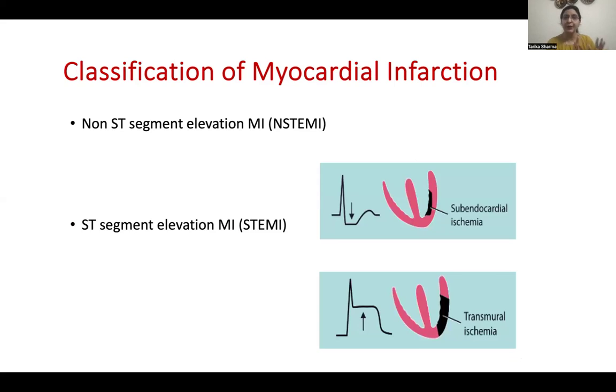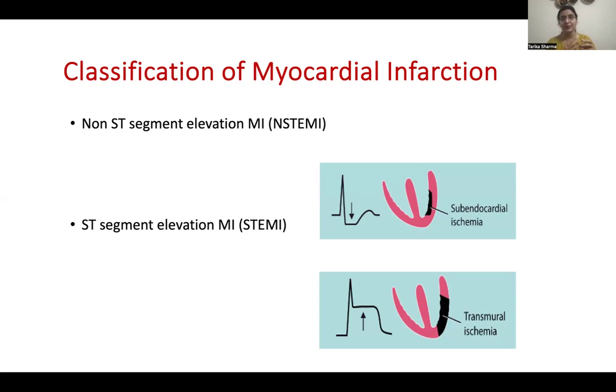When we talk about myocardial infarction, we can have broadly two types, that is STEMI and NSTEMI. NSTEMI is also known as non-ST segment elevation myocardial infarction, and STEMI is also known as ST segment elevation myocardial infarction. Just to differentiate, STEMI is a more severe form as compared to NSTEMI.